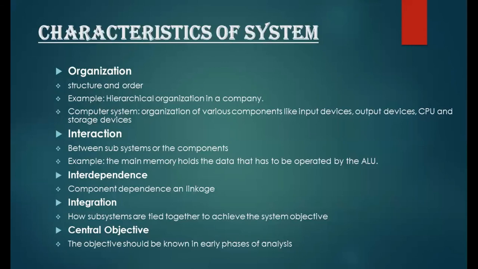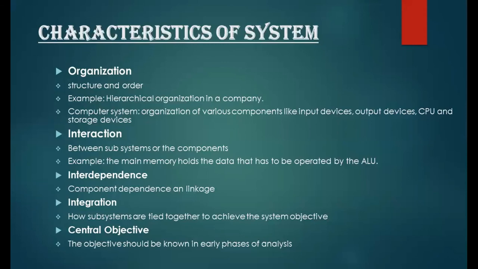The best example for this is the main memory, which holds the data that has to be operated on by the ALU. The ALU, the arithmetic and logical unit, performs arithmetic and logical calculations on that data.